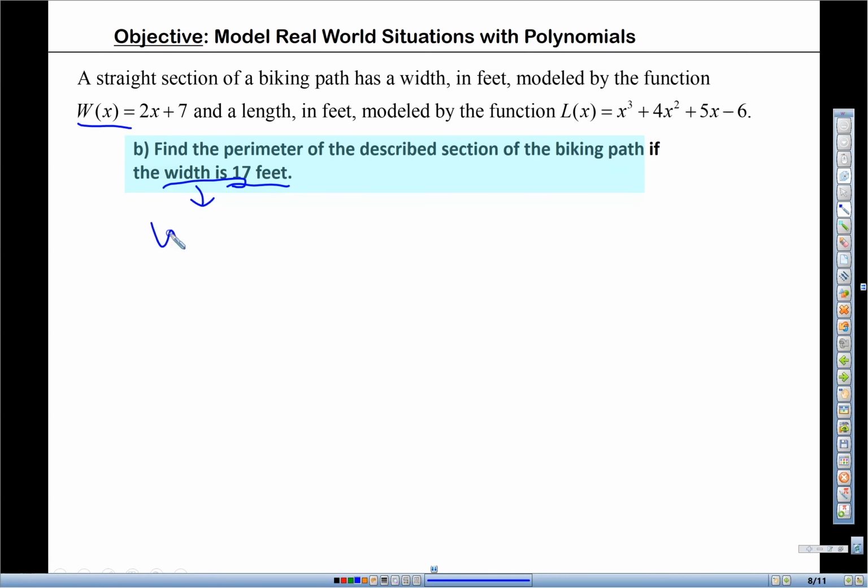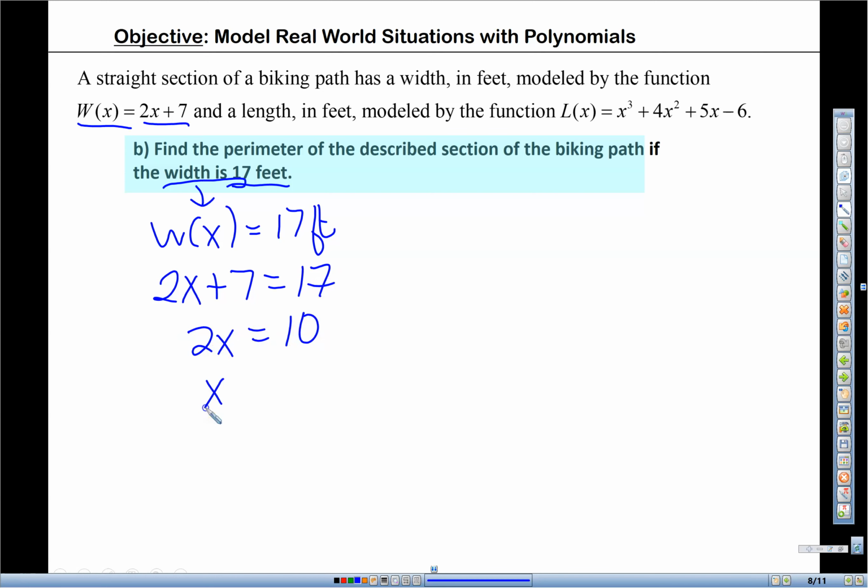So what we know is w of x is equal to 17 feet, which means that 2x plus 7 is equal to 17 feet. So our x, solving this little equation, is actually equal to 5. And so we have to be careful. Always read carefully when you're doing math problems to make sure that you don't make careless mistakes like that.